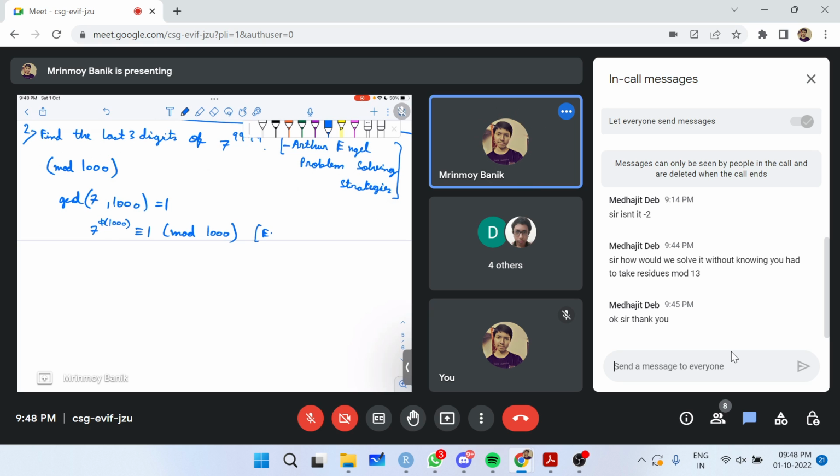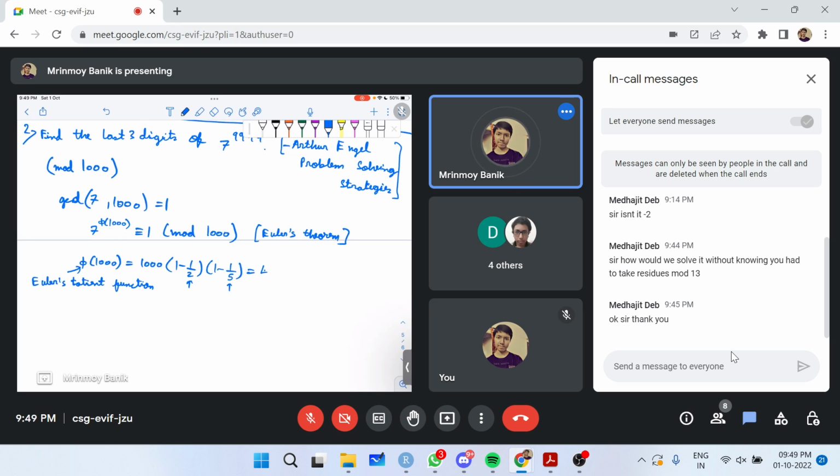Here phi is called Euler's totient function, if you remember. phi(1000) is basically 1000 times (1 minus 1/2) times (1 minus 1/5), since 2 and 5 are the only prime factors of 1000.